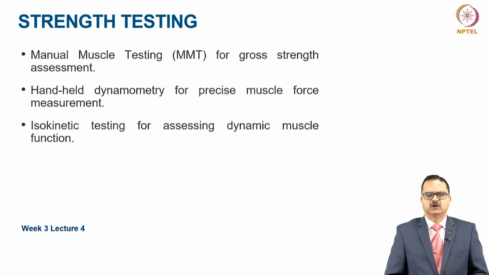However, for muscle strength testing, isokinetic dynamometry is the gold standard, and it is to be used for assessment of dynamic muscle function if you want accurate results and if you're doing any research.